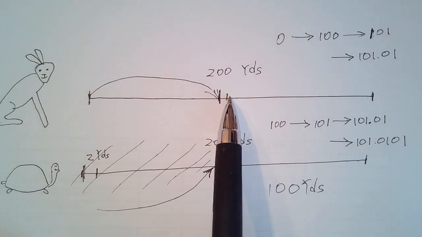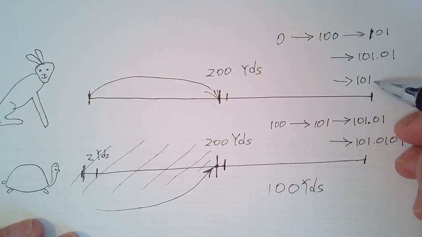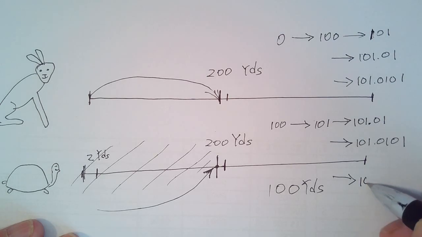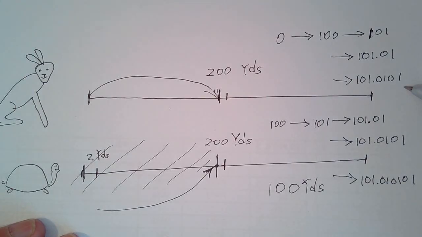So what happens if this process continues, if the hare goes to 101.0101, and Mr. Tortoise will be at 101.010101. What can you tell? It seems like the hare will never ever catch up.